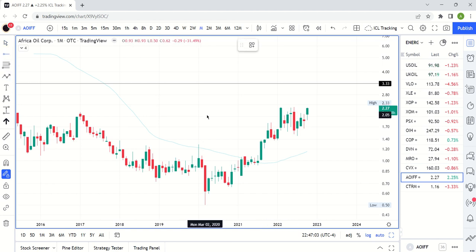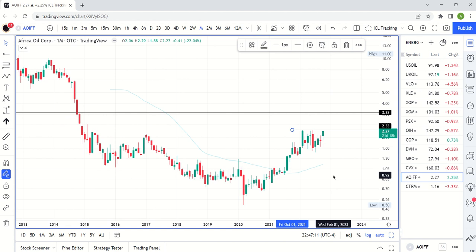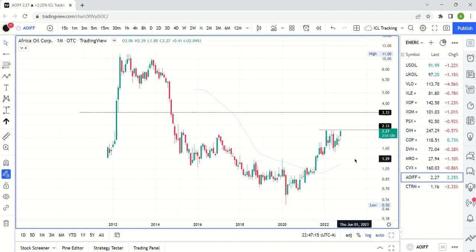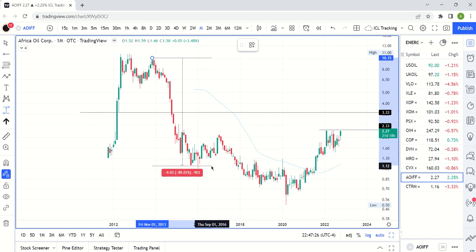Now we need to see follow through. What we really need to see is a breakout above, call it 227. Or excuse me, 233. And we're here at 227. But that's really interesting. After this big reverse symmetry move, and what was the move down from, let's say, even here down to here, 88%.